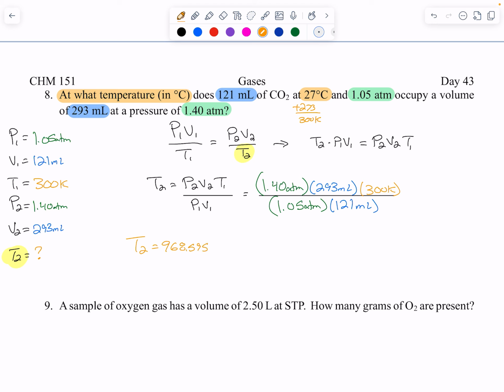And some change. And let's see, how many sig figs do we have this time? Well, 300 now is 3, right? Because I'm adding. I had 3. So 969 Kelvin.